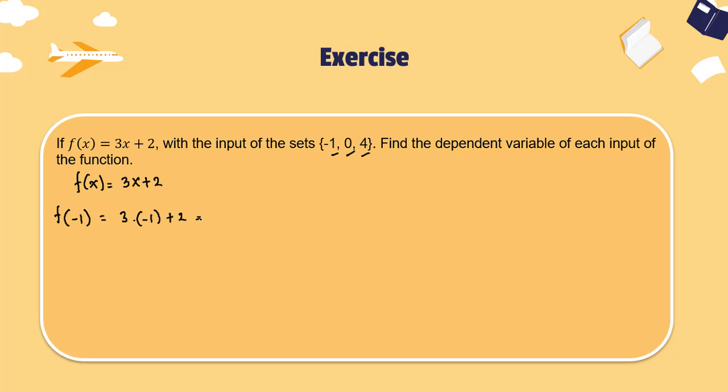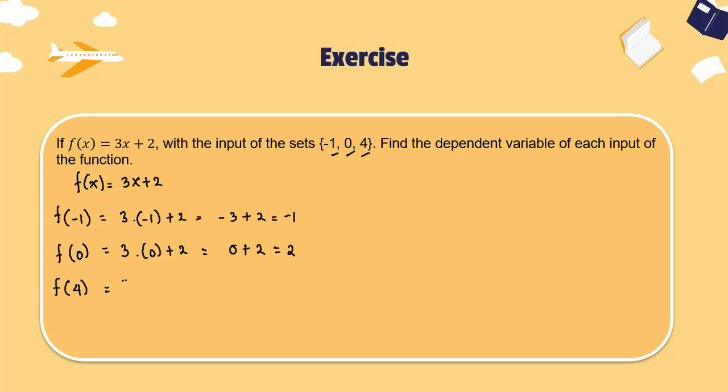f(minus 1), 3 times minus 1 plus 2 is equal to minus 3 plus 2 is equal to minus 1. So for f(0), you can find 3 times 0 plus 2 is equal to 0 plus 2 is equal to 2.